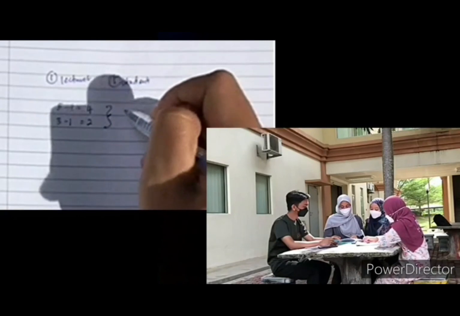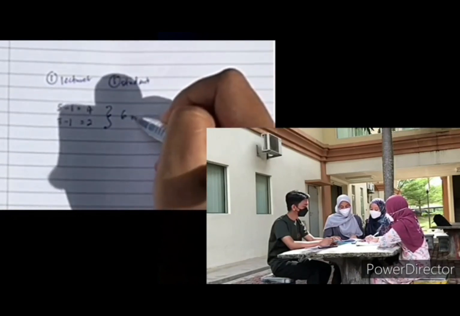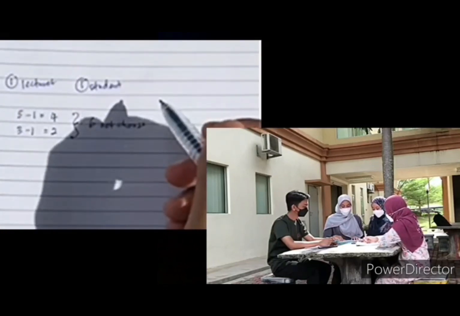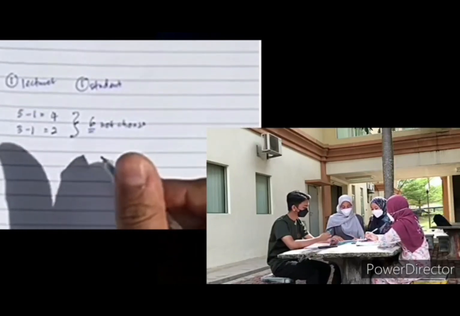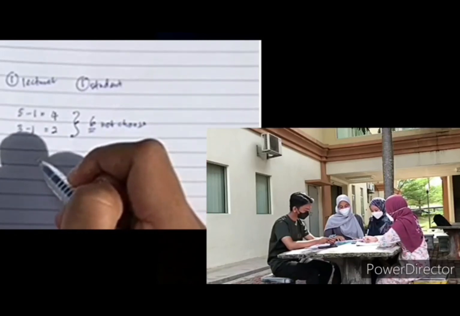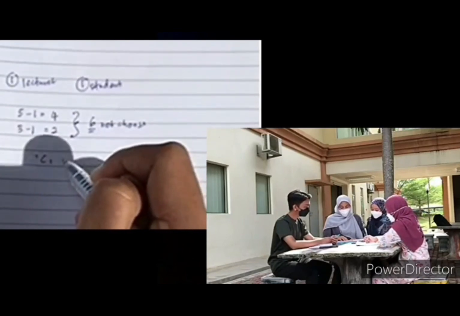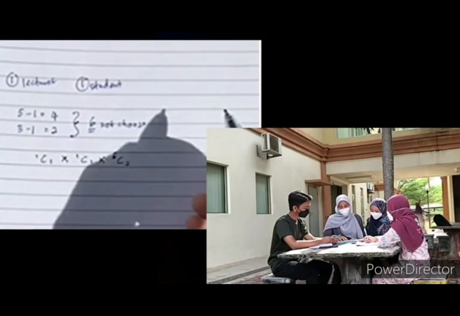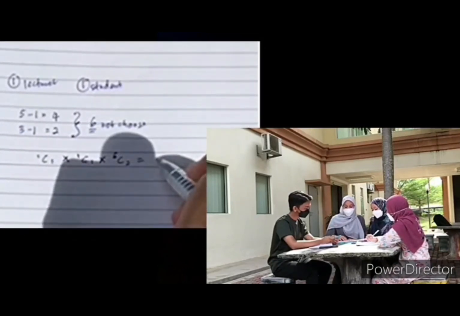From this, we get 6 people who are not chosen. From these 6 people, we will choose 2 to complete the 4 members. So we get 1 choose 1 multiplied by 1 choose 1 multiplied by 6 choose 2 from the students and lecturers who have not been chosen, and we get 15 ways.